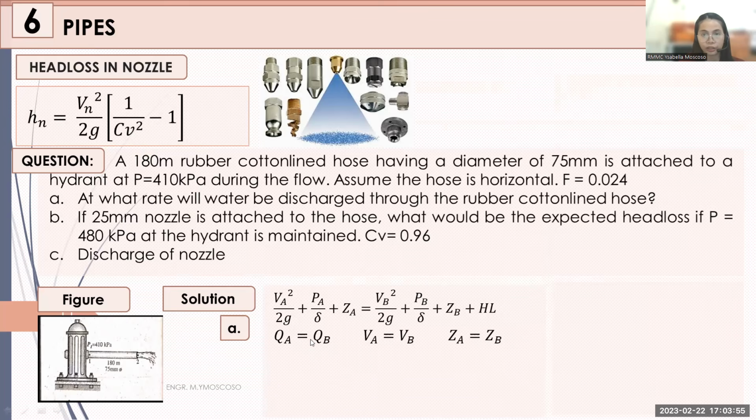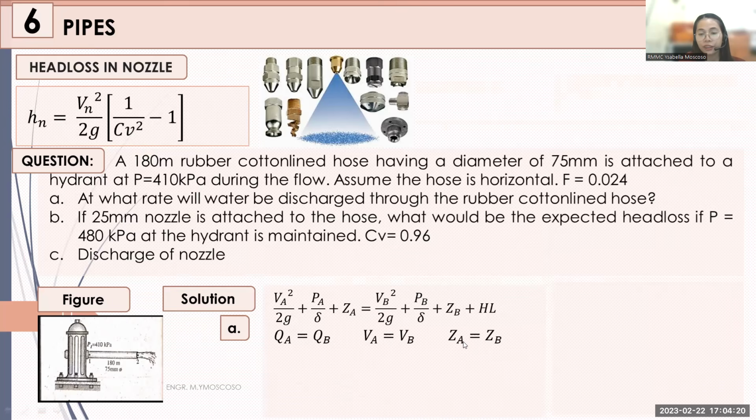That is because of the continuity flow. Velocity A is equals to velocity B, since there is no statement sa problem na from point 1, nag-iba yung velocity papunta niya sa point 2. Ibig sabihin, the flow of the fluid is equal.